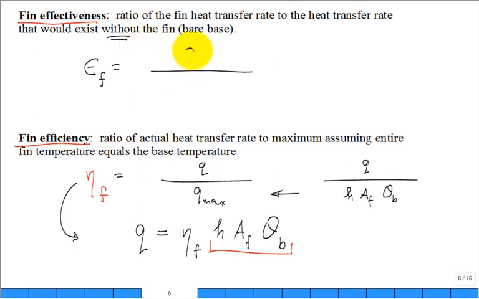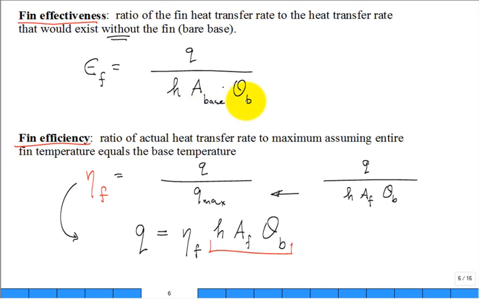So this is the Q with the fin, same as what we had already. And then this is what it is without the fin, just the bare base. Well, what would be the equation for that? The convection coefficient, the area of the base, or what was covered up by the fin when it's attached to the base, and then the theta at the base.